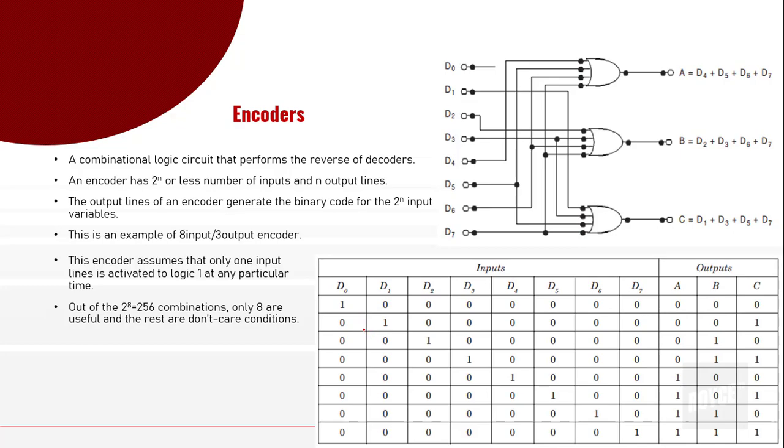Okay, so this is our encoder. So baliktad naman siya. Pagka 0 lahat, ang mangyayari, yung ating output will be 0, 0, 0. Tama? Kanina, sa decoder, pag 0, 0, 0 yung input, ang lalabas is si D0 lang yung maglo-logic 1. Pag 0, 0, 1 yung input, si D1 naman yung maglo-logic 1. Dito baliktad.